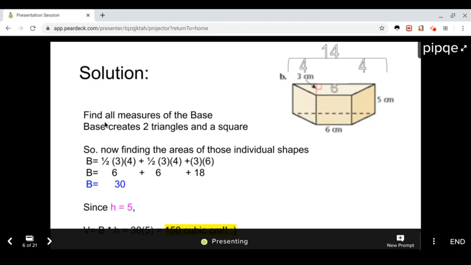In this case I have a half times 3 times 4 plus a half times 3 times 4 plus the 3 times the 6 here, which will give me the area of this rectangle. Then I add all of those up, and I get that the base equals 30. And then since the height is 5, I'm just going to multiply those 2 together.